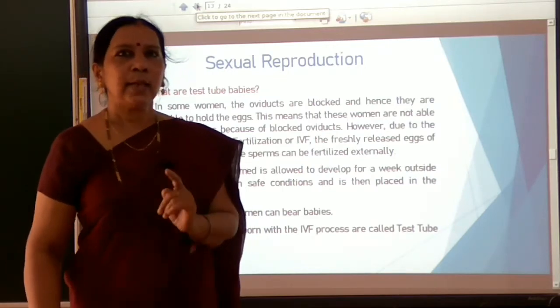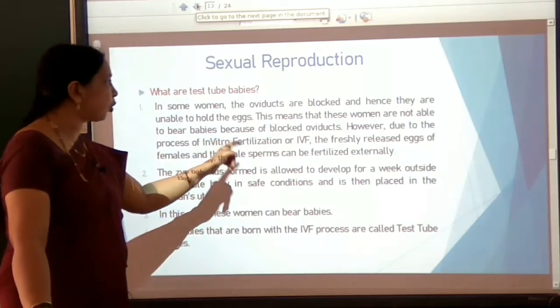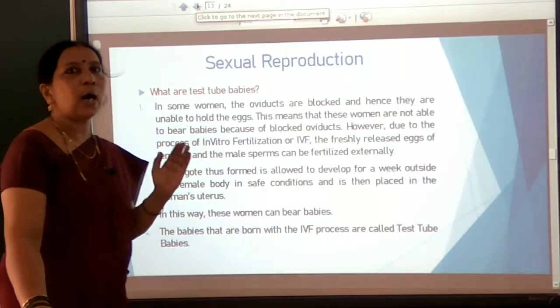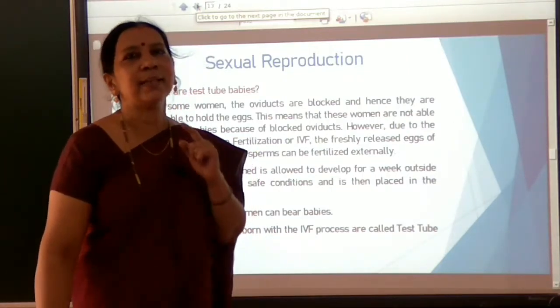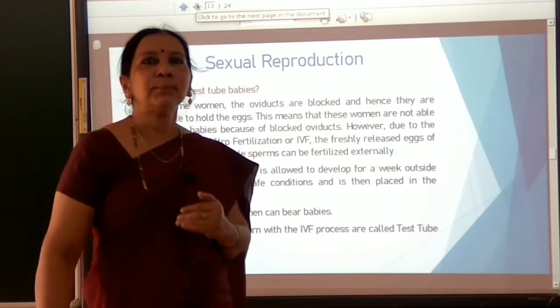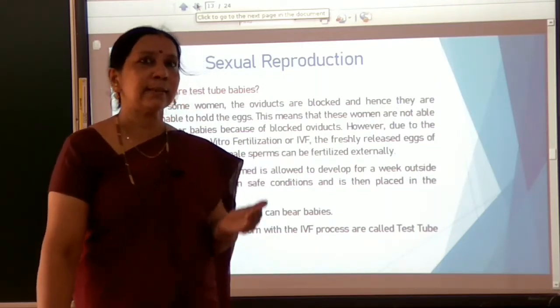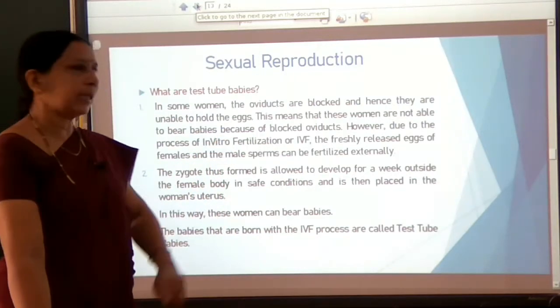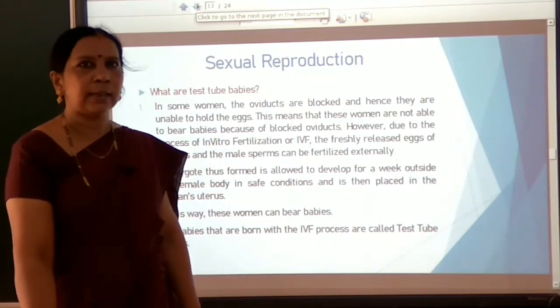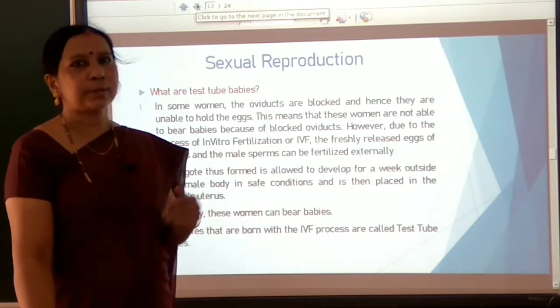In vitro means outside the body. The egg and sperms fuse to form a zygote in the petri dish. Since it is outside the body, the process is called in vitro fertilization.